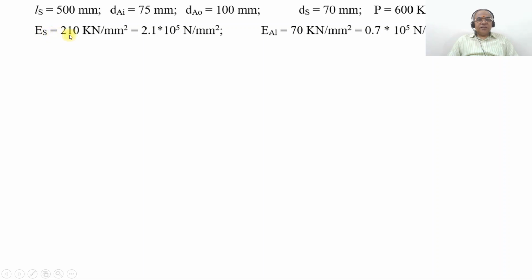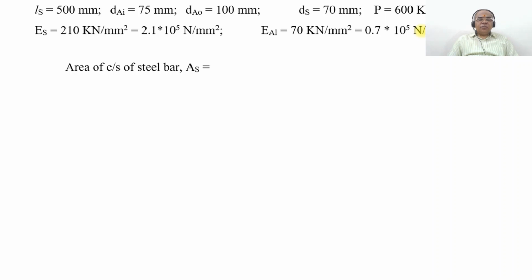Young's modulus of steel is 210 kN per mm square, which is equal to 2.1 into 10 to the power of 5 Newton per mm square. Young's modulus of aluminum is 70 kN per mm square, which is equal to 0.7 into 10 to the power of 5 Newton per mm square. So this is the data which is given.